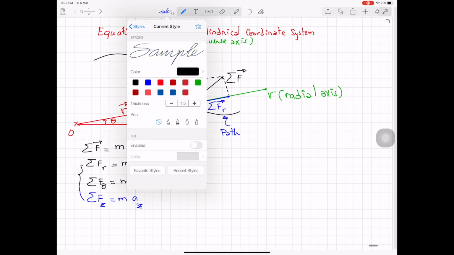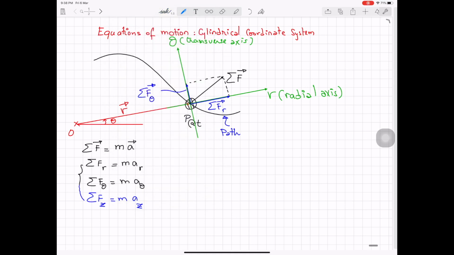Now if you recall, the accelerations a_r, a_theta, a_z are as follows. a_r is equal to the second time derivative of the position, r double dot, minus r times the angular speed squared, theta dot squared.